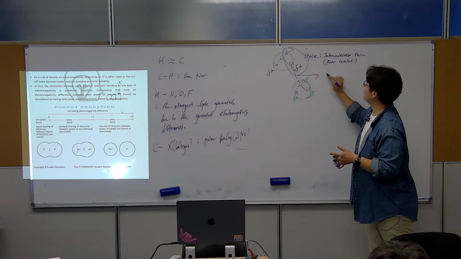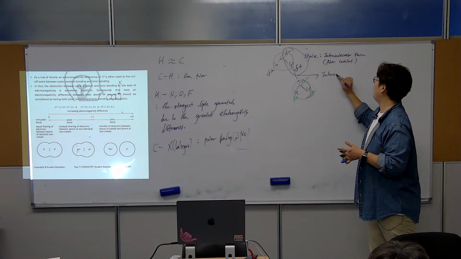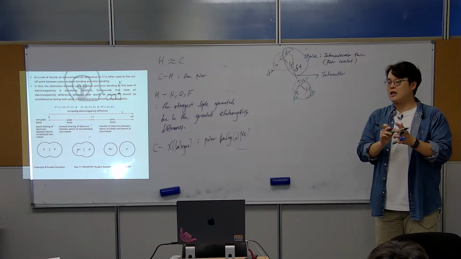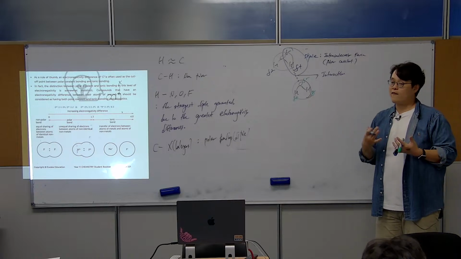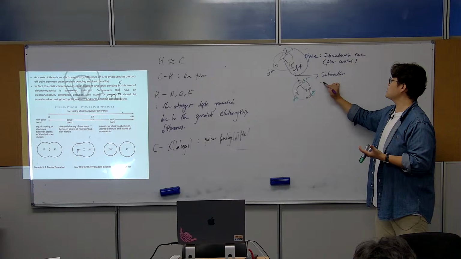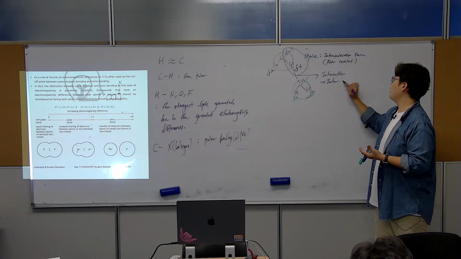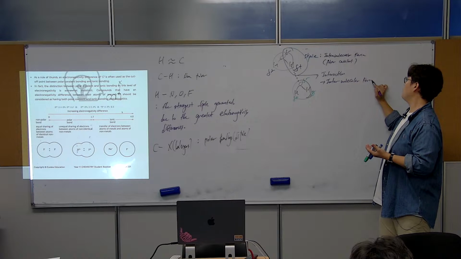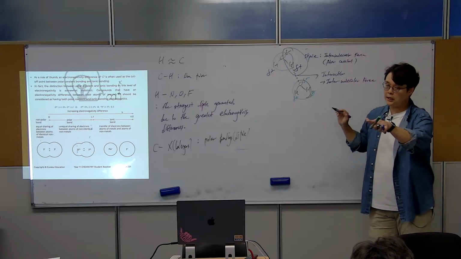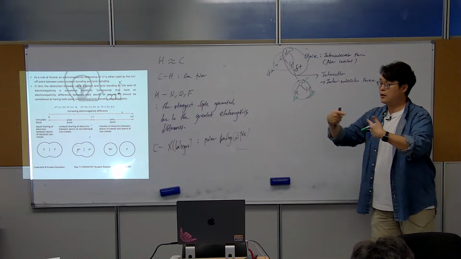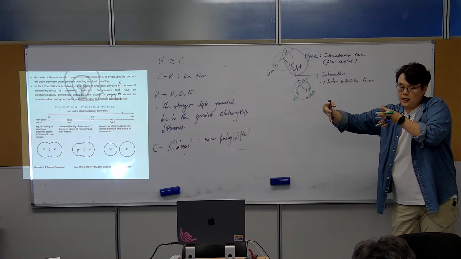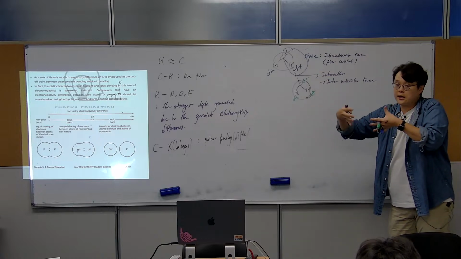I call it an interaction, but instead of using the literal word, I'm using the fancy word: this is called intermolecular force. Again, inter means in between. So in between the molecules, they are interacting, attracting each other.